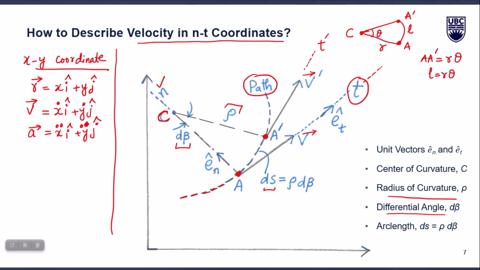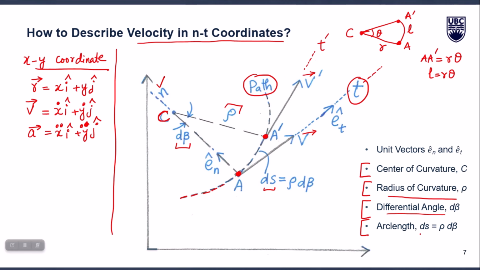So we have now defined some new terms here: radius of curvature, center of curvature, the differential angle which the particle's motion made at the center of curvature, and the arc length or the distance which it moved from point A to A prime.